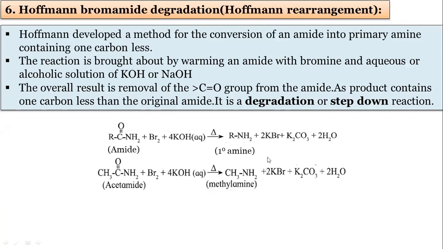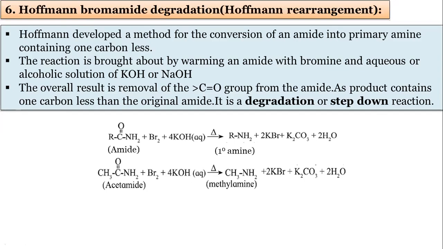So we are discussing this reaction, and it is a very, very important reaction for the board exam. I suggested you write this reaction 10 times. It is the Hofmann bromamide degradation reaction. The name of the scientist who discovered this reaction is Hofmann. Bromine is used in this reaction, and amides are used.